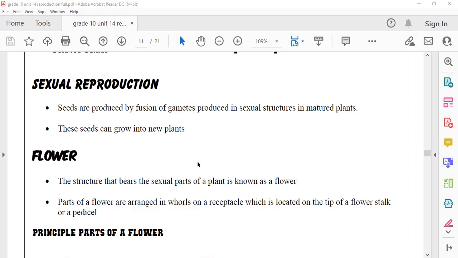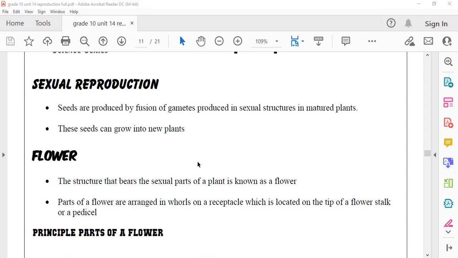When an organism gets the ability of reproducing sexually, it is a mature organism. So who can produce the gametes? Mature organisms can produce the gametes. So mature plants will produce the gametes.